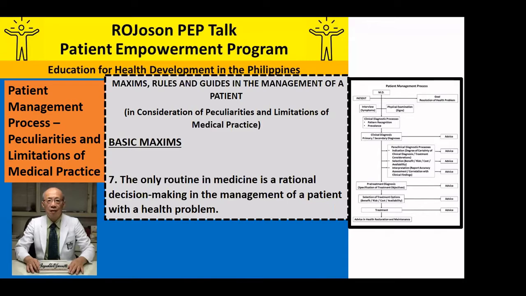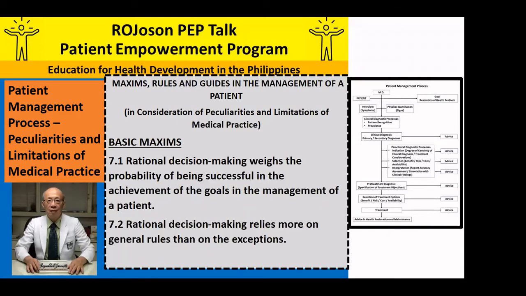The only routine in medicine is rational decision-making in the management of a patient with a health problem. Rational decision-making weighs the probability of being successful in the achievement of the goals of the management of the patient. It relies more on the general rules rather than on the exceptions.